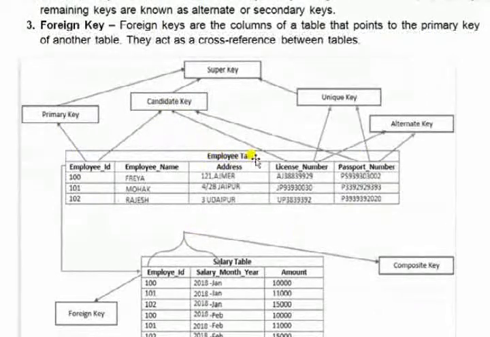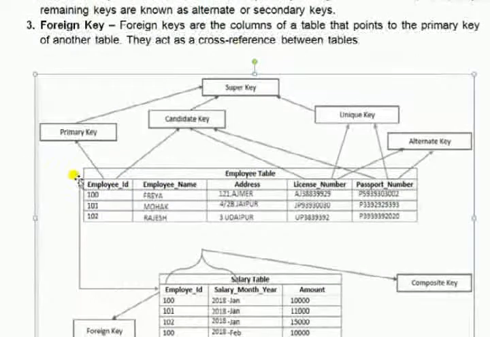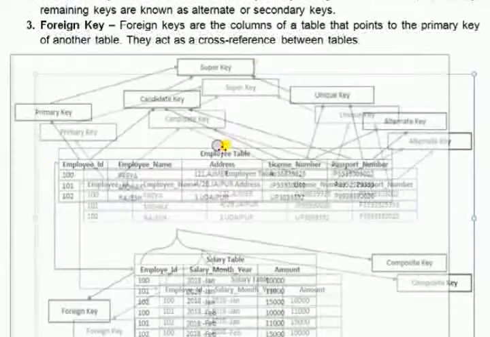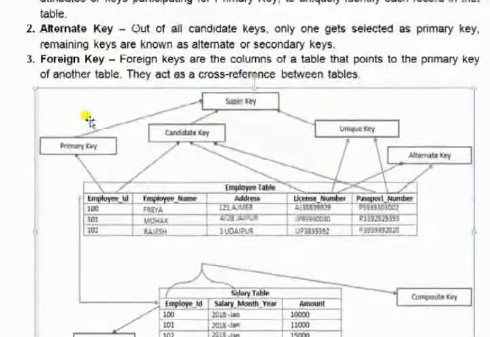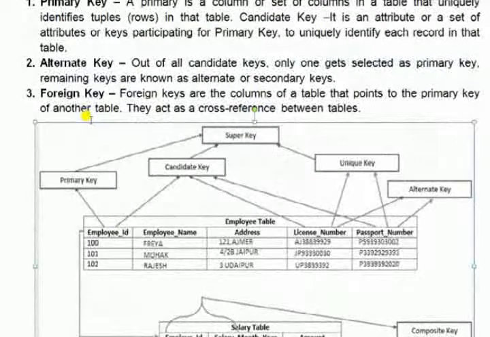If this is a table, and the name of the table is employee table, okay, it's clearly visible. The employee ID field is taken as the primary key. Why?